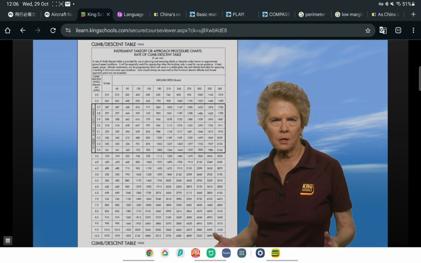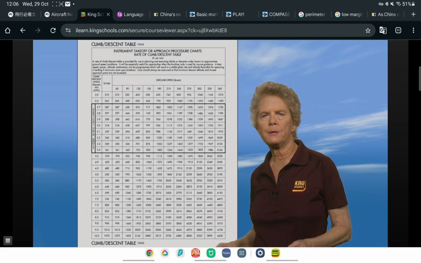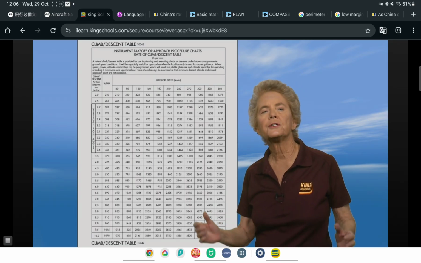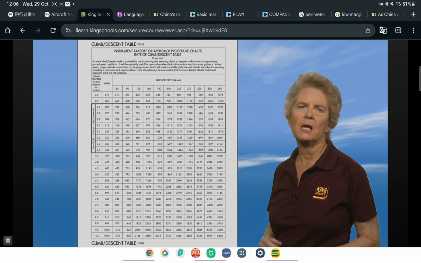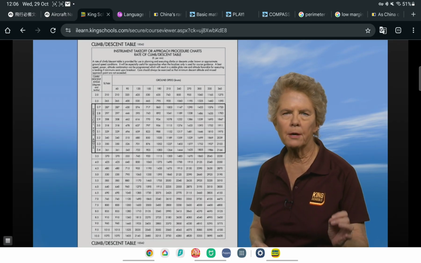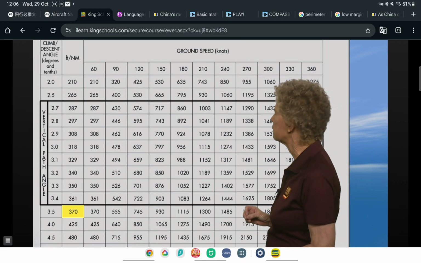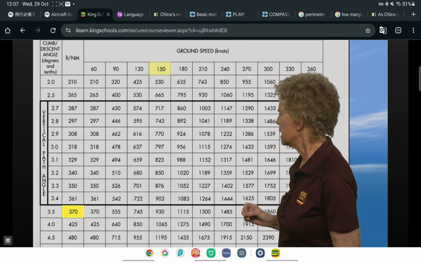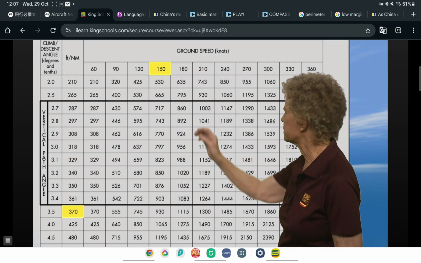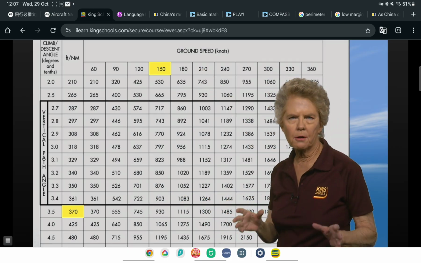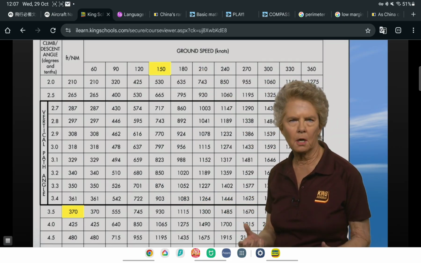If your required climb gradient and your ground speed are in the table, it's simple to get that climb rate. For instance, if your required climb gradient was 370 feet per nautical mile and your ground speed is 150 knots, you could just read the required feet per minute where the row and column meet.